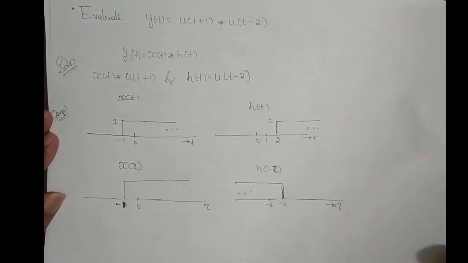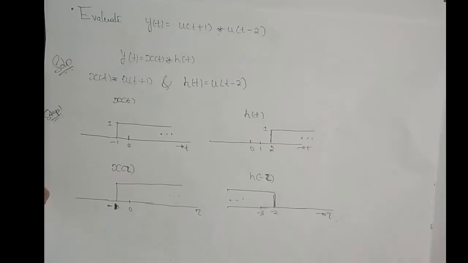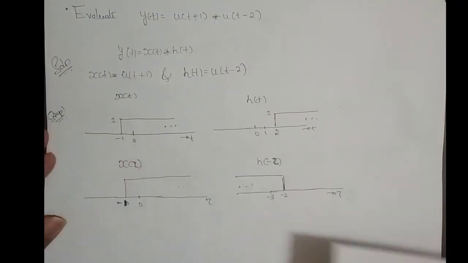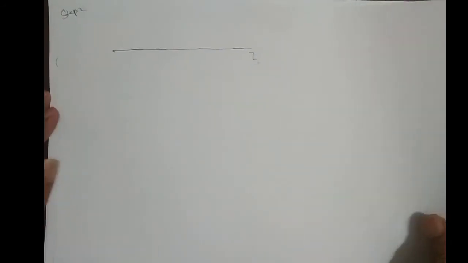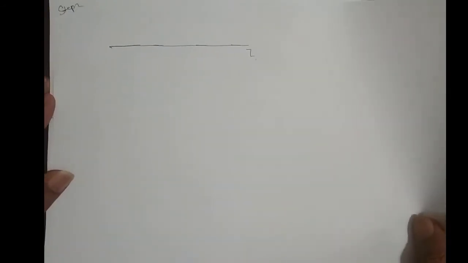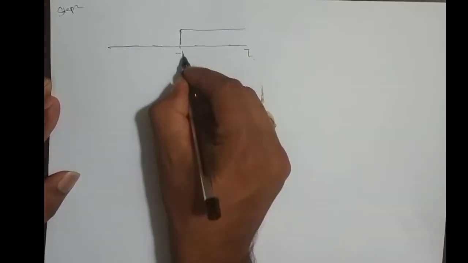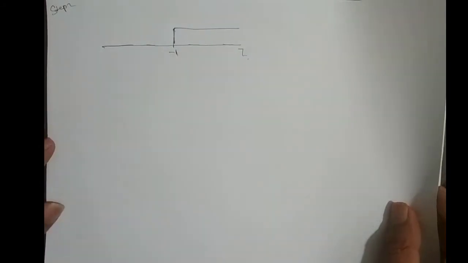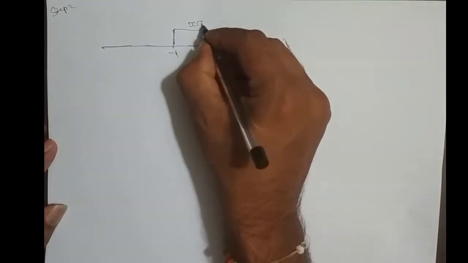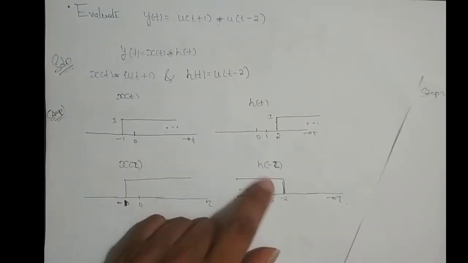So what is the next step? The next step is to bring both the signals into a single independent variable, which is tau. So step 2, you have to bring both signals into the same independent variable tau. So what was x of tau? It started from minus 1, and you just put h of minus tau just before x of tau. So this is x of tau, and h of minus tau started from minus 2.